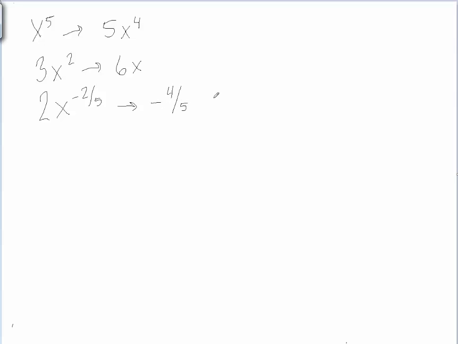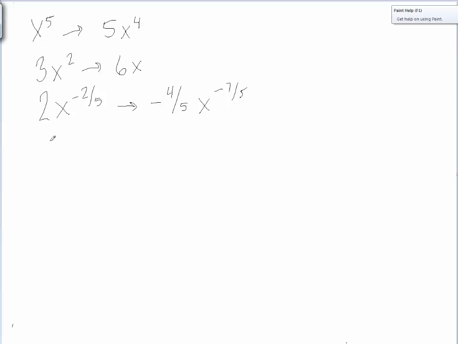So we know if we've got x to the fifth, its derivative is going to be 5x to the fourth. 3x squared, derivative is going to be 6x. 2x to the negative 2/5, I have negative 4/5 x to the negative 7/5, etc.